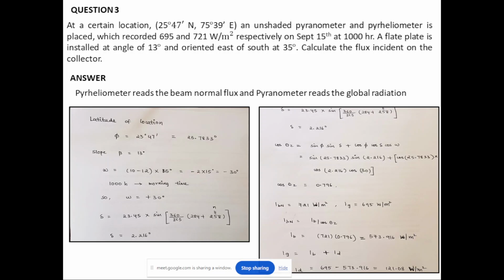Does anybody have any doubts on any calculation of any particular value, or somewhere in the concept part? They can unmute their mic and tell me, or you can also post on the chat box.